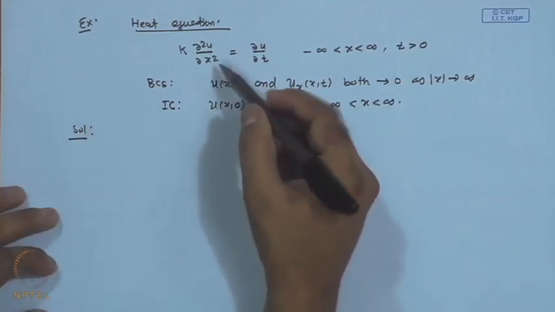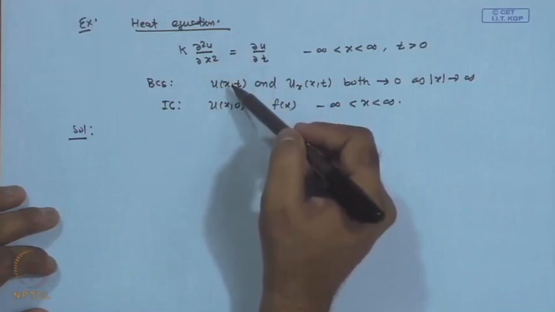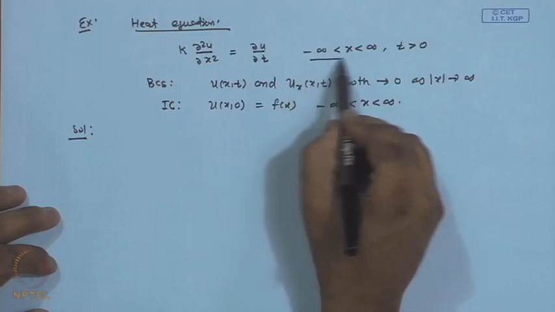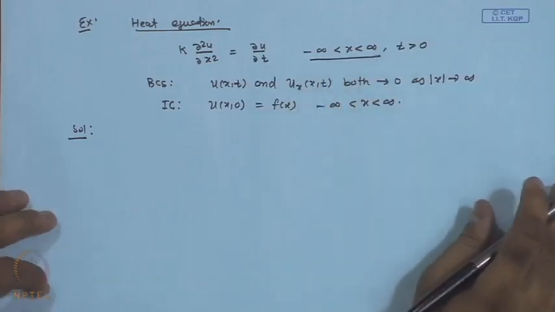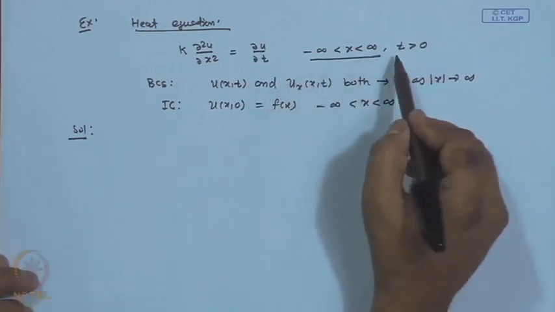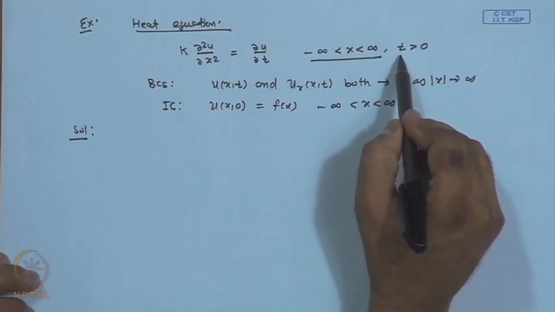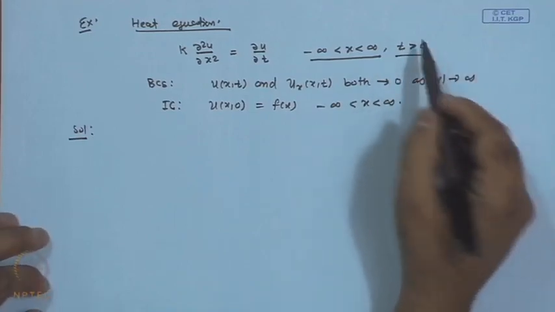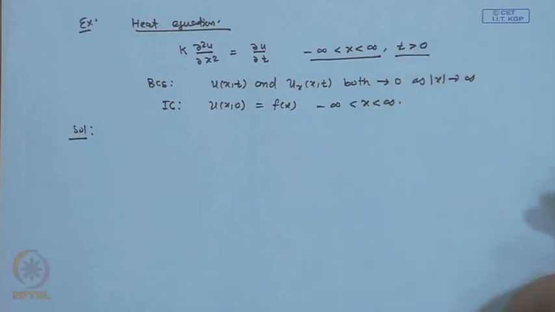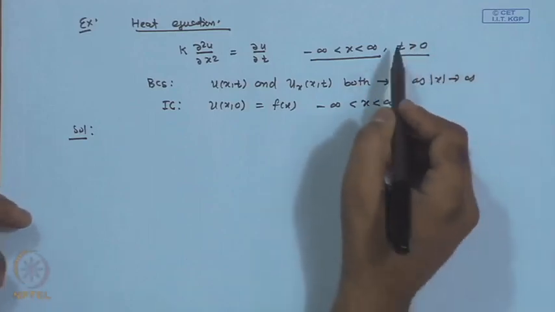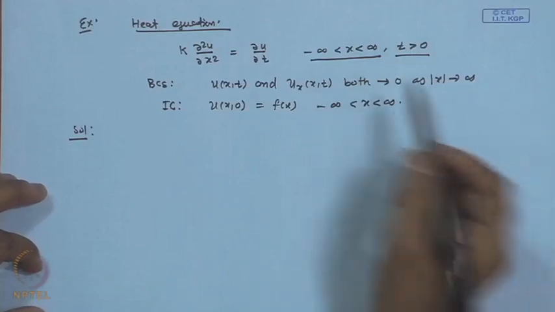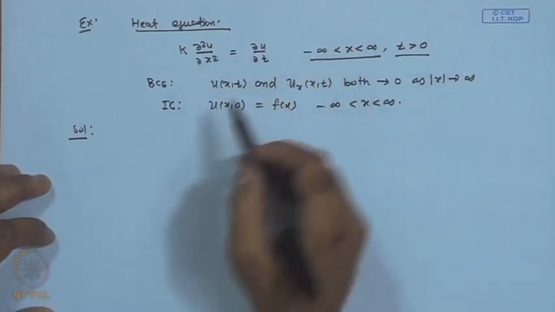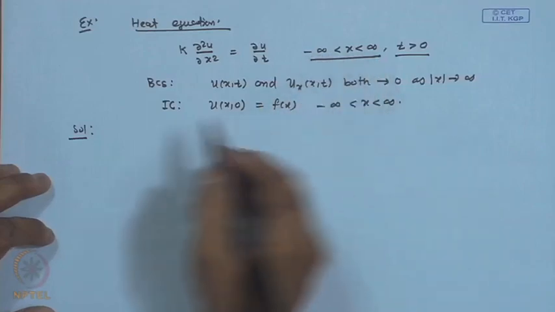So, the choice of the Fourier transform is clear, because our variable is from minus infinity to plus infinity. Just remember, for the Laplace transform we applied it with respect to t, because t varies from 0 to infinity, but now we will apply it for the x variable from minus infinity to plus infinity.